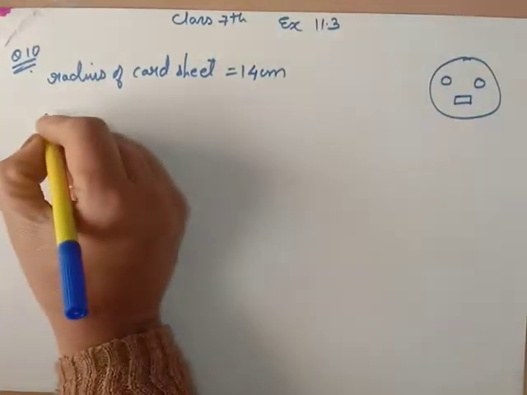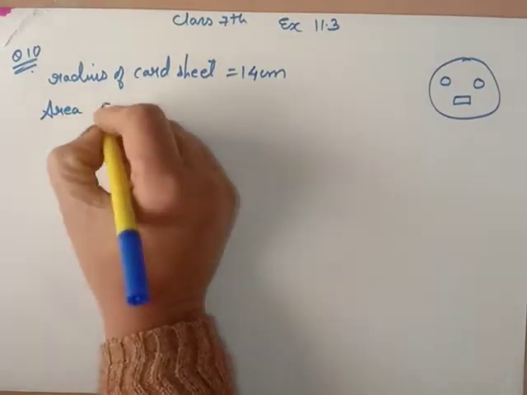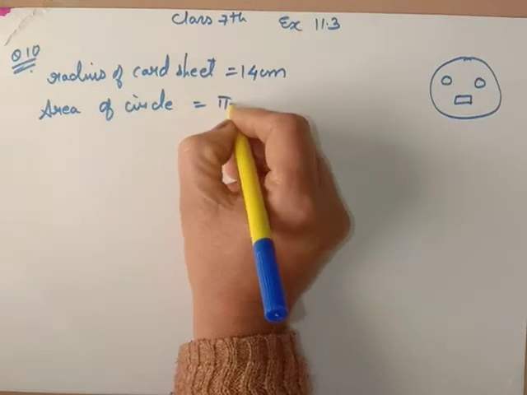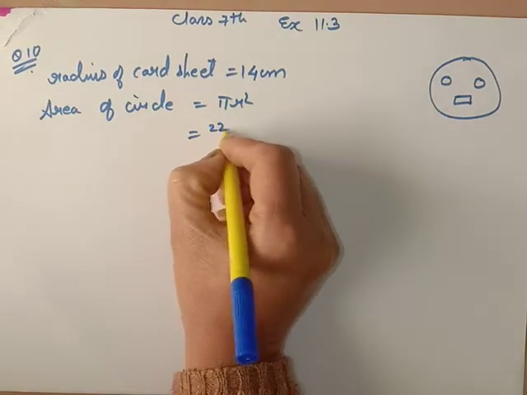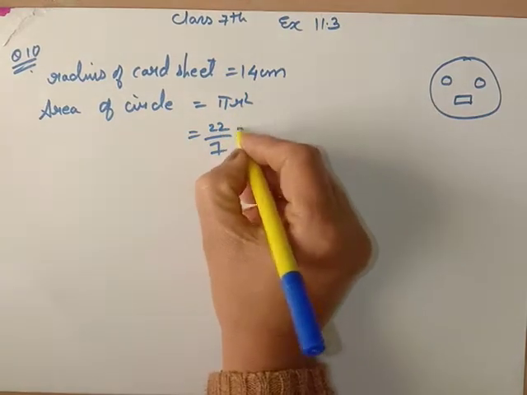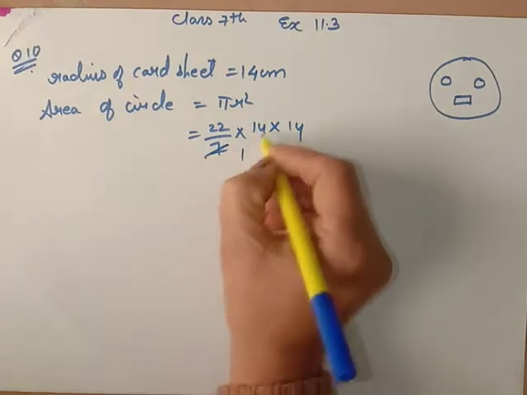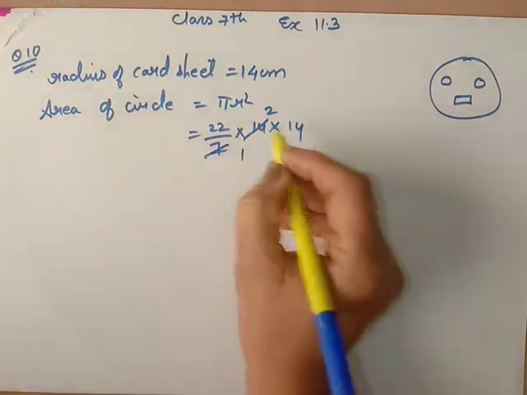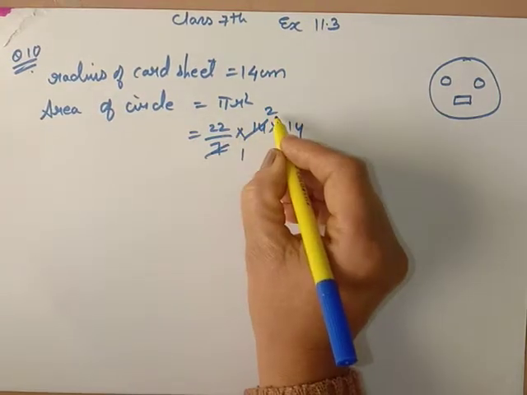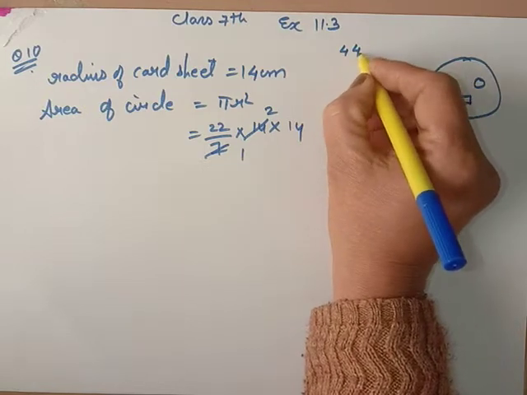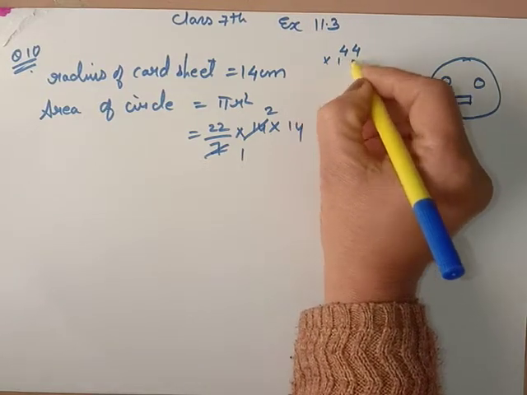Radius is given. What is the area of a circle? Formula: area of circle is pi r square. Pi value is given 22 upon 7 and radius is given 14 into 14. 7 ones are 7, 7 twos are 14, 22 into 2 will become 44, into 14.